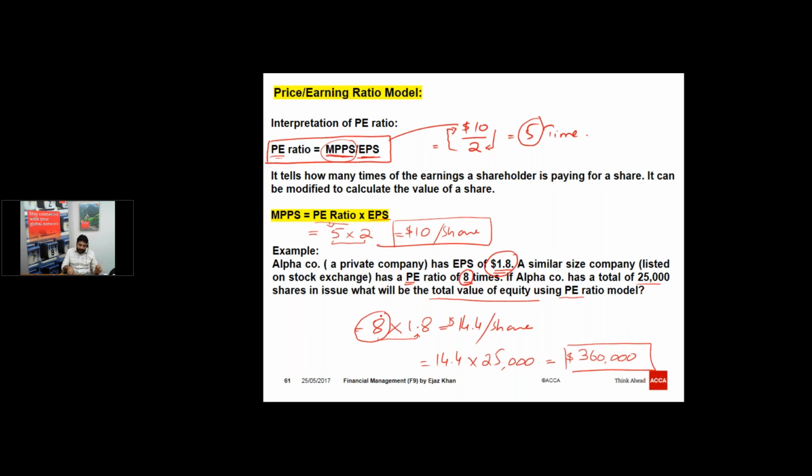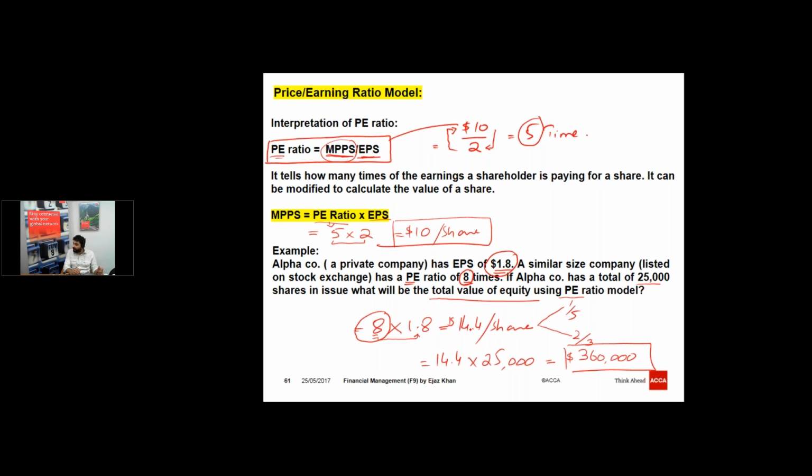But still we are using this 8 times ratio of a listed company for an unlisted company. So remember one thing, when we take a price earning ratio of a listed company for an unlisted company and we calculate the share price, we usually reduce it to half or maximum 2/3.